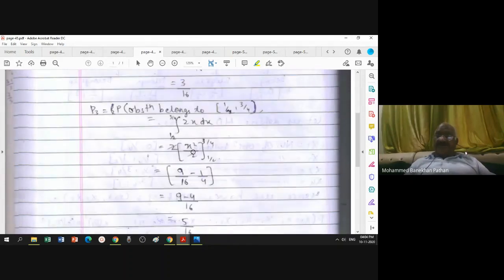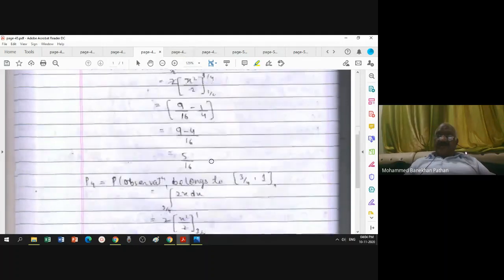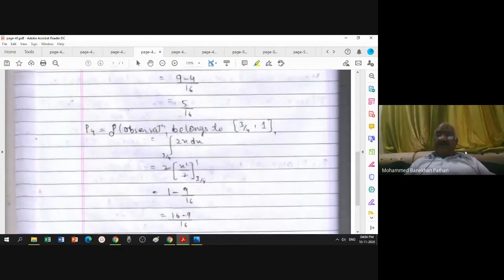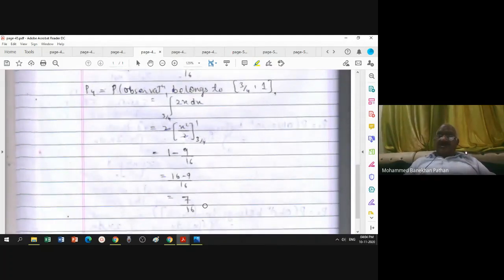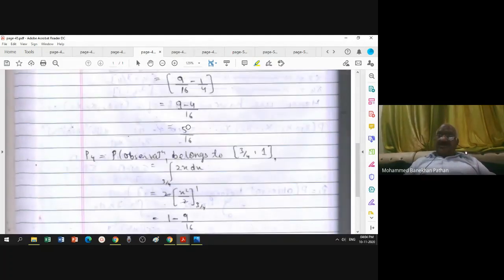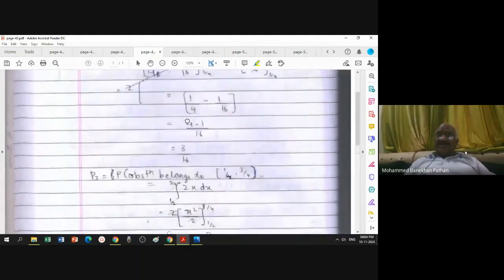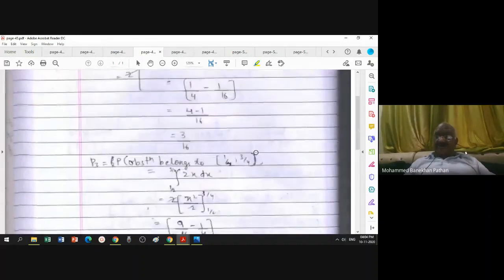Solve the integration by the same method, upper limit minus lower limit value. So P3 is 5 by 16. P4 is the probability that an observation belongs to the last interval: integration 3 by 4 to 1, 2x dx. Simplify: 7 by 16. So 7 by 16, 5 by 16, 3 by 16 become 15 by 16, and the previous calculation is 1 by 16. So the total of probability is 1.